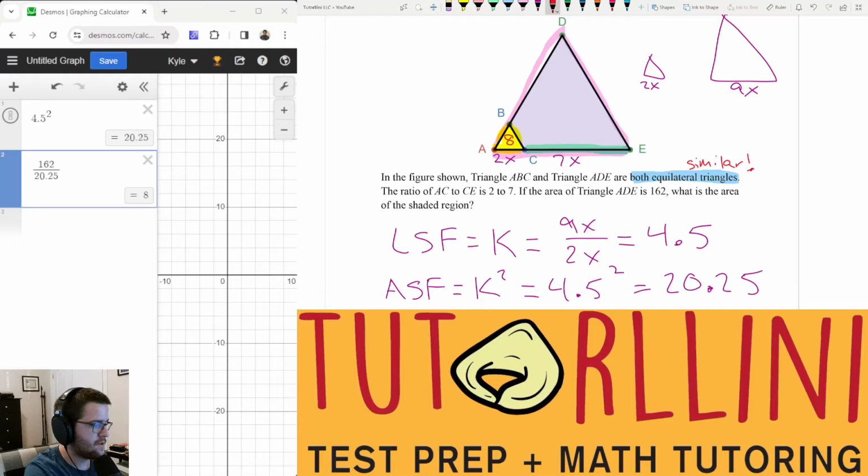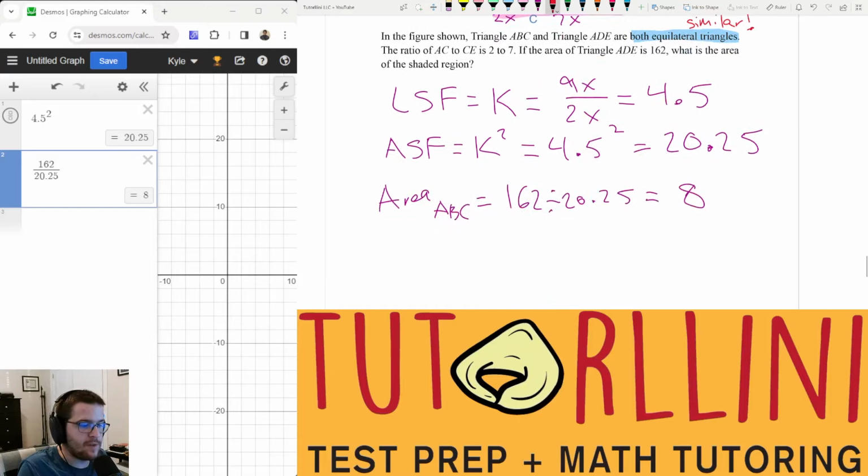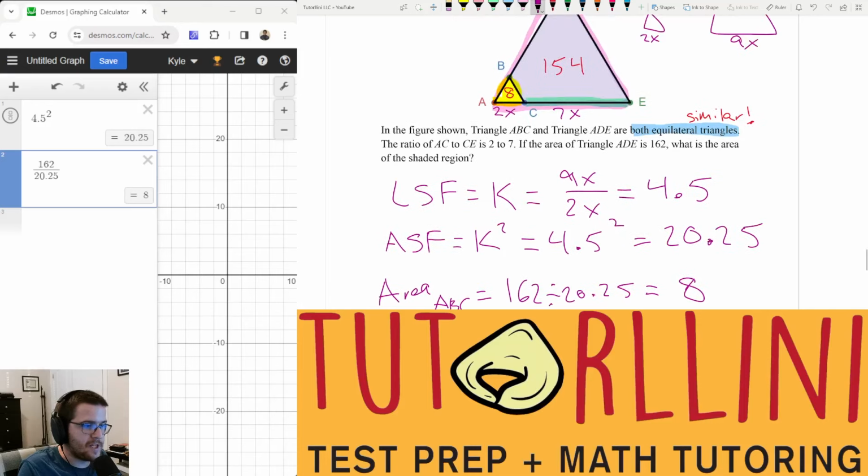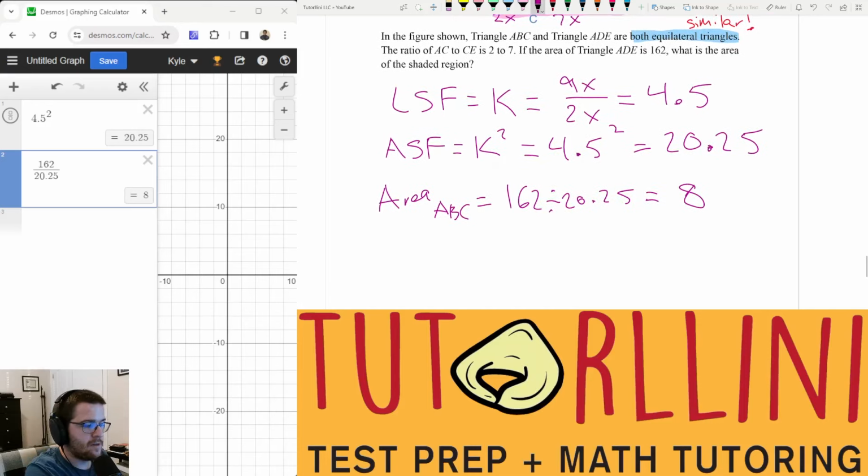So 162 minus 8 is 154. So you see, if we do 8 plus 154, we get 162, and the ratio that was given in the problem is maintained. So the shaded area is the total area, which was 162, minus the unshaded area, which is 8, and that gave us 154.